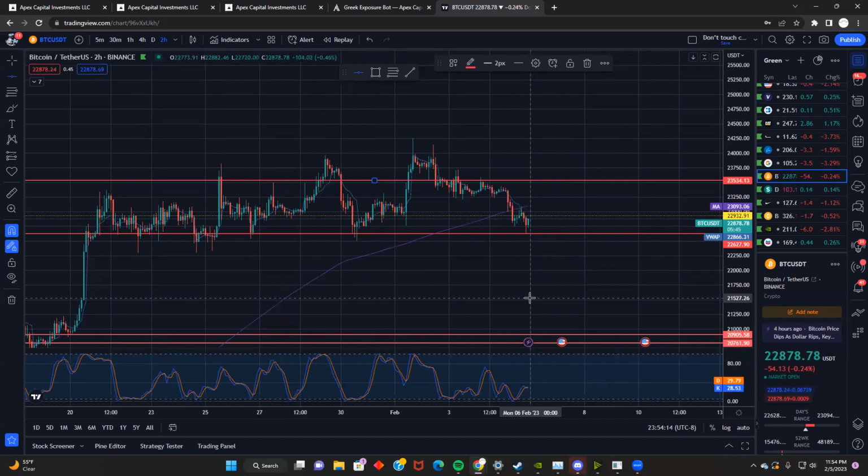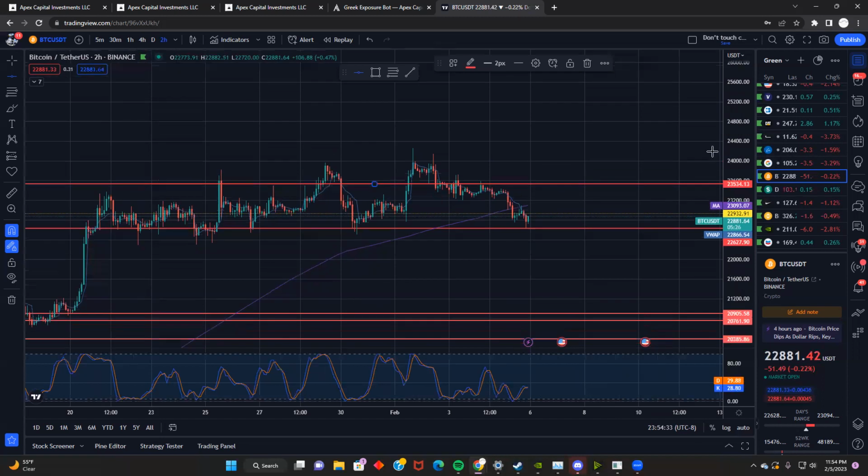That's about a $907 move. So 23,534 plus 907 gives us about 24,441, give or take. So what I'll do is I'll look for that 24,441 and I'll mark it.